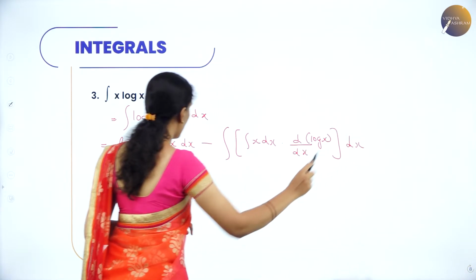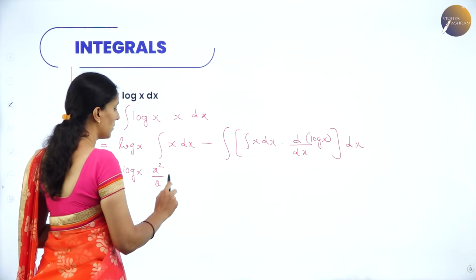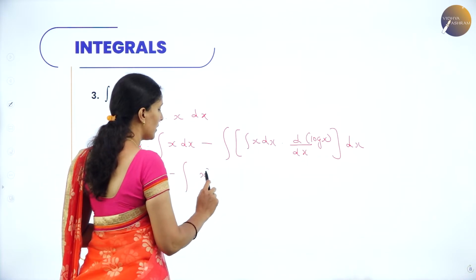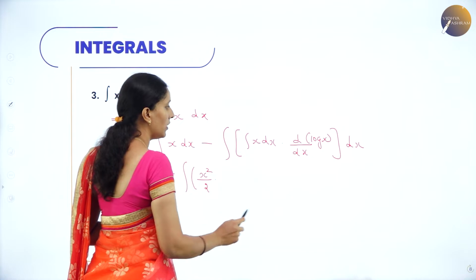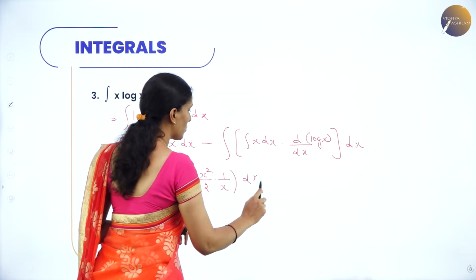Outside you have to write dx. So log x into x square by 2 minus, here we have the integral of x dx is x square by 2 into the derivative of log x, which is 1 by x, with respect to dx.